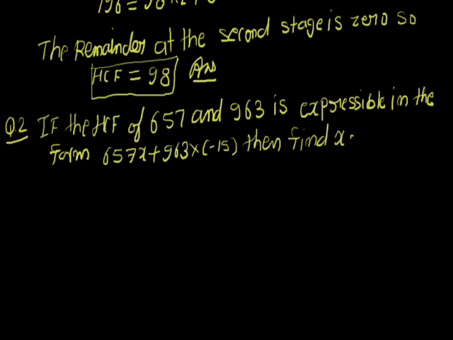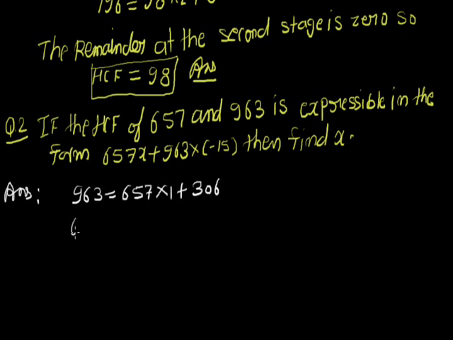Now come to the solution of this question. How will we solve it? Again, by using Euclid's division lemma on these two numbers, we will divide 963 by 657. When 963 is divided by 657, the quotient is 1 and the remainder is 306.